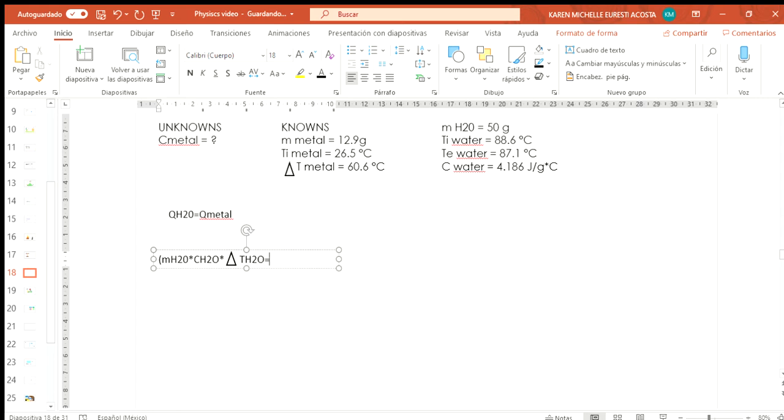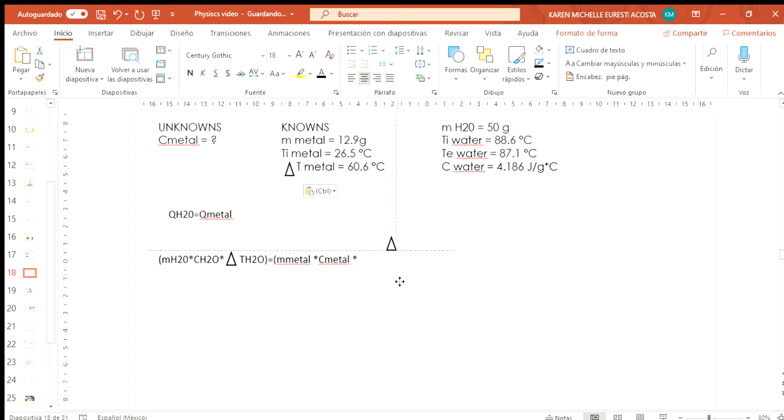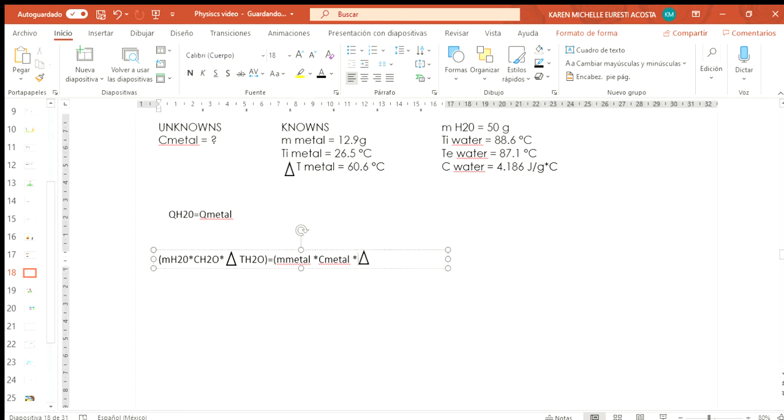This is equal to the mass of the metal times the specific heat of the metal times delta T of the metal.